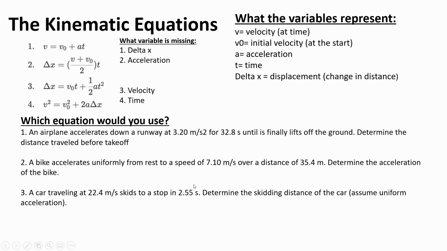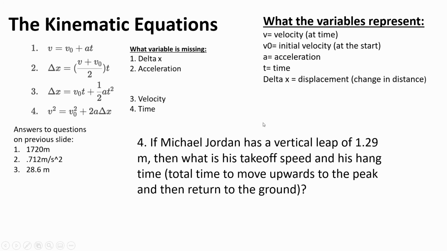We have the time that it took to do that, and we want to know the distance of the car. So quickly look at these, and tell me what you think you would use. So I'll pause the video. So for this one, we're going to use equation 2. We want to know the distance traveled. We have v final, we have v initial, and we have the time that it took to do so. So that's going to be the correct equation.